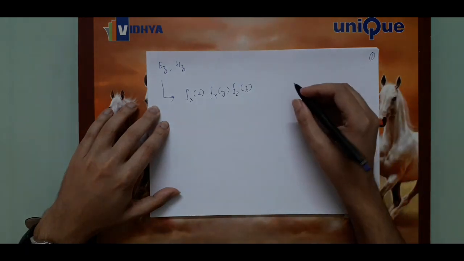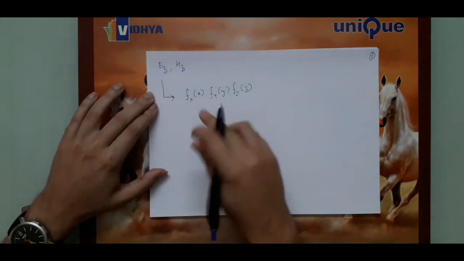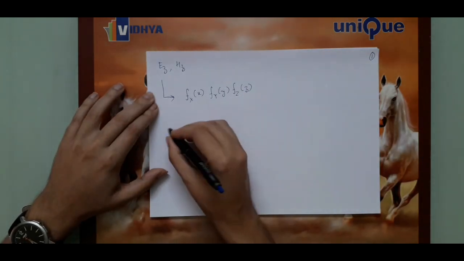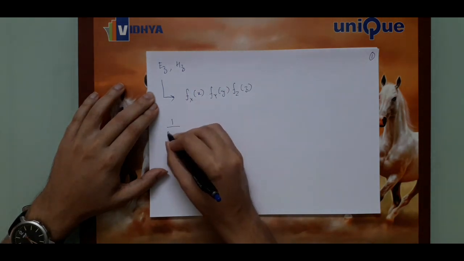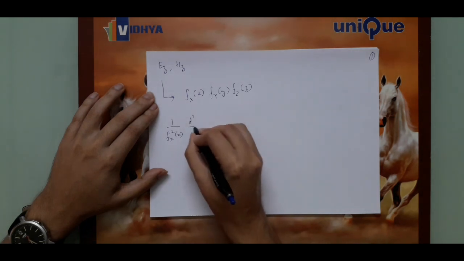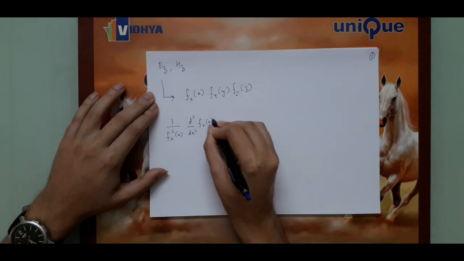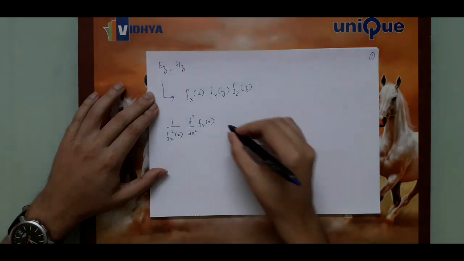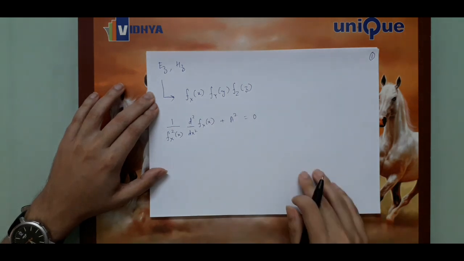If you recall, for the three of them the equation was something of this kind, where a is some constant which we had put.